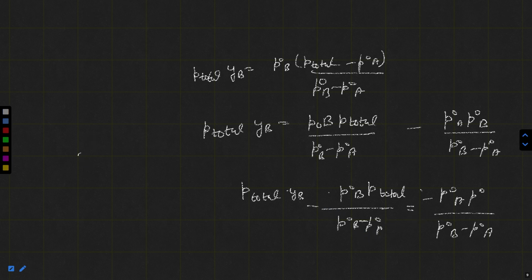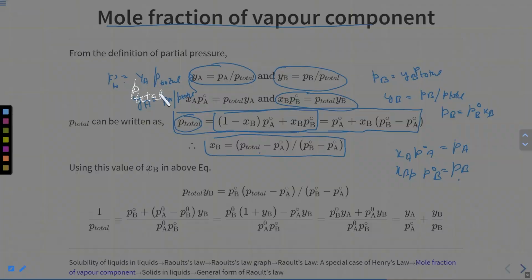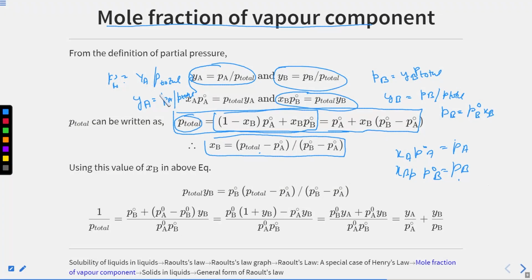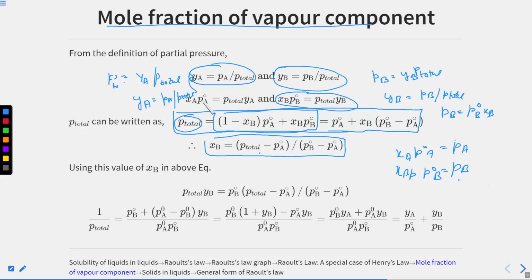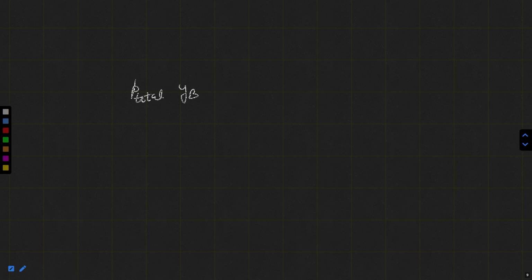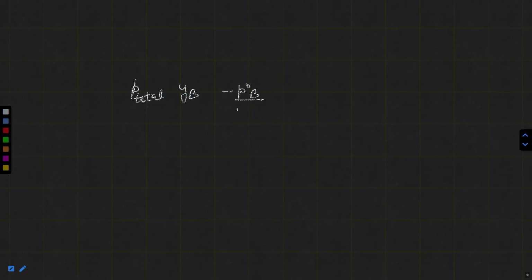Now I will take this P total common. So it will become P total YB minus P naught B by P naught B minus P naught A.